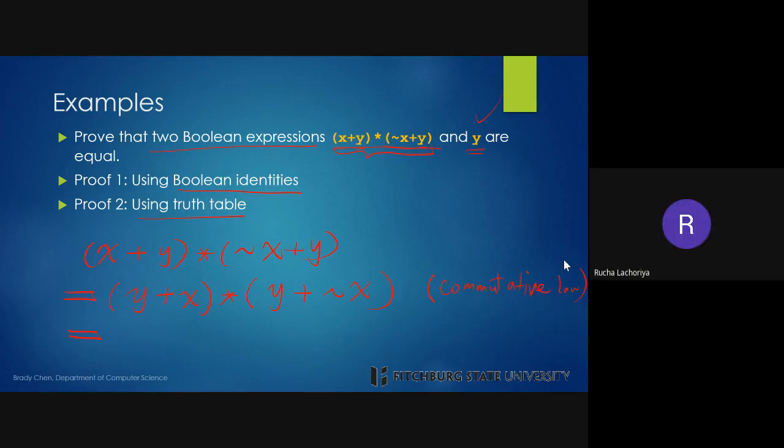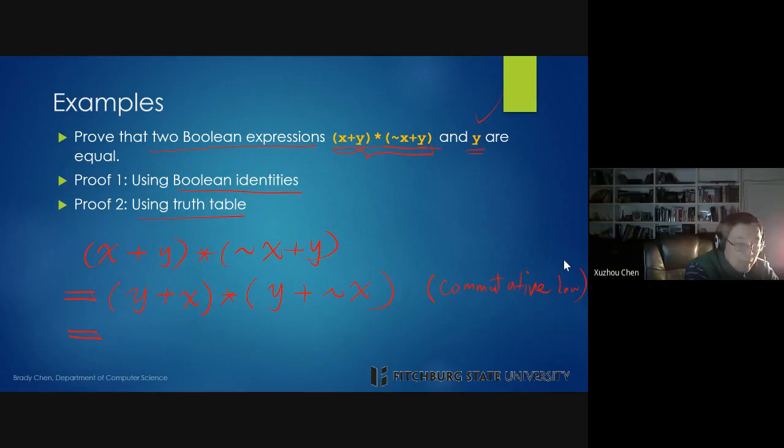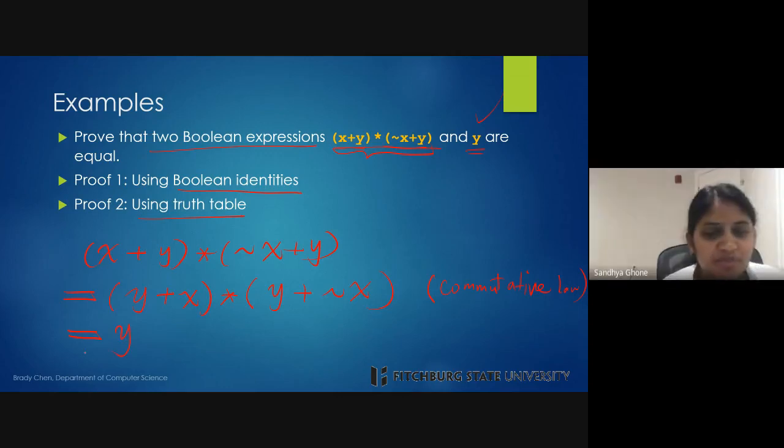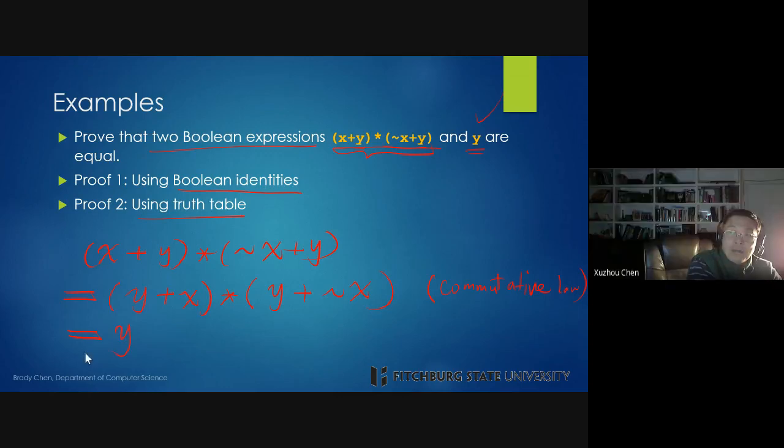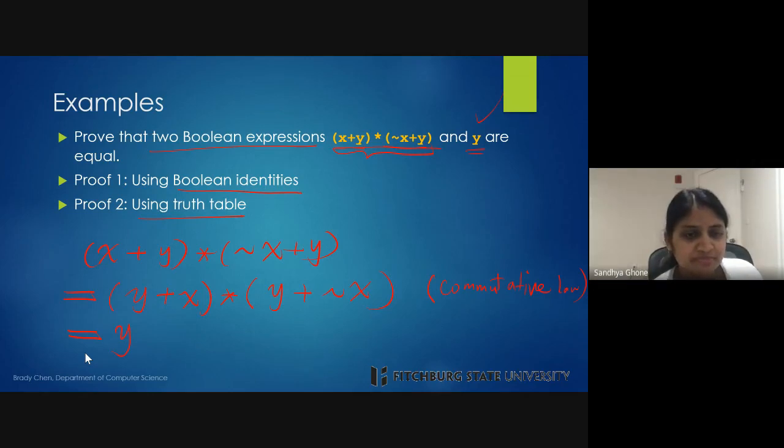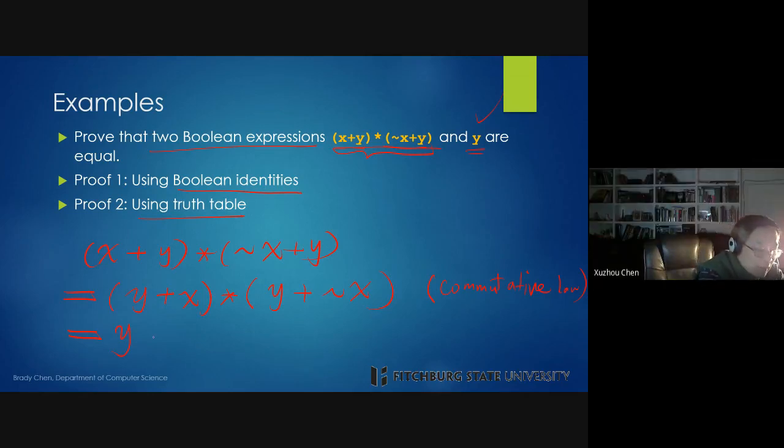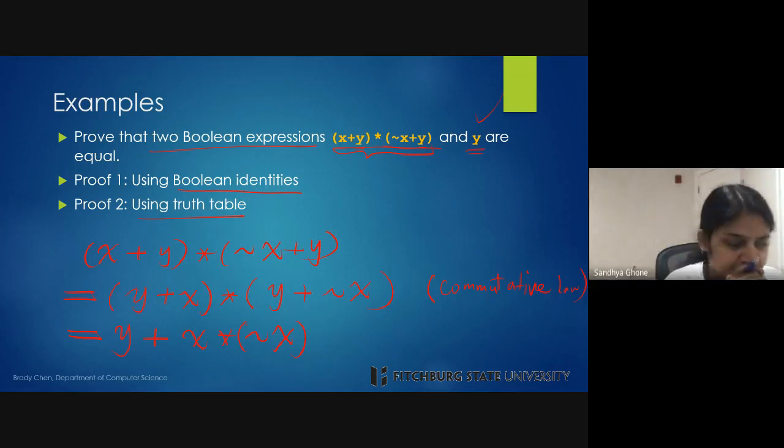Then we can resolve the next part of the equation. There are many different ways. I think the easiest way is to use the distributive law. If you use the distributive law, that means it's y + x times ~x.